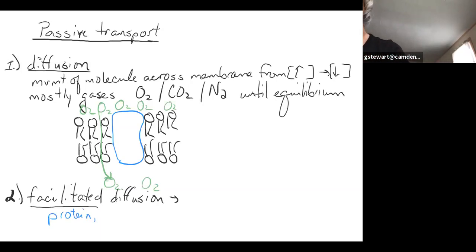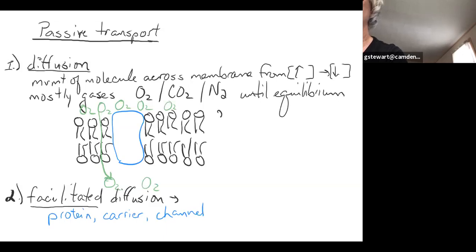Sometimes they'll be called channels or carrier proteins, because usually they have a tube in the middle, so that there's a special place for a particular molecule to fit.